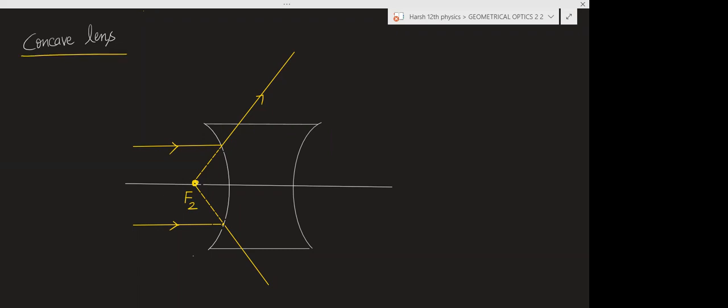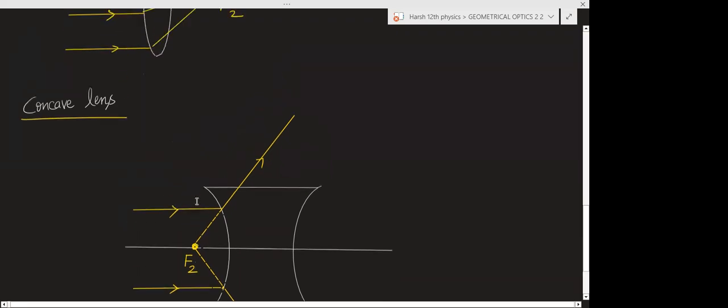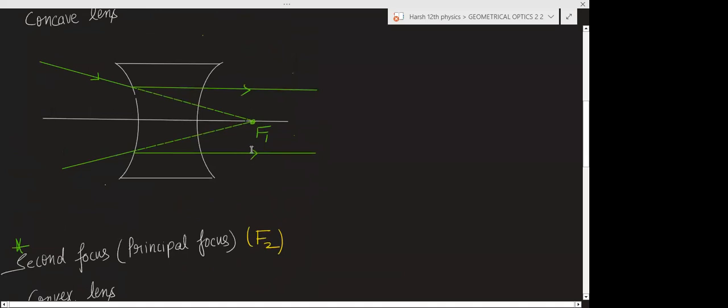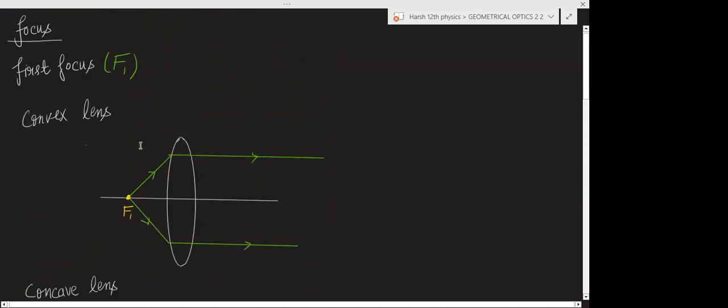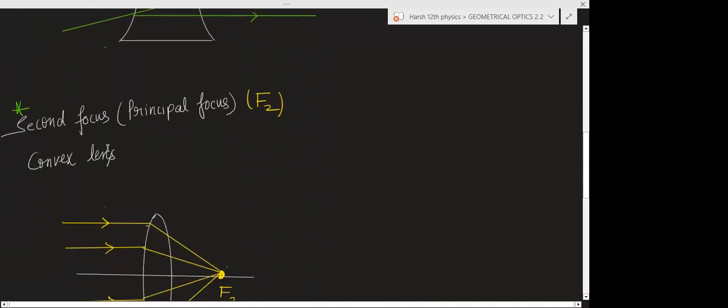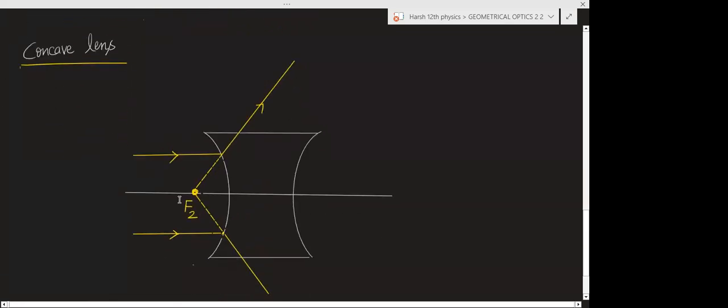F2 means second focus. F1 means first focus. And I told you that the second focus is more important for us than the first focus. So always remember the second focus.